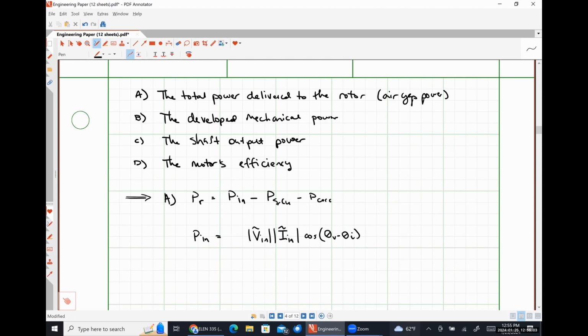This looks arguably familiar. Well, we have a three-phase machine, which means we need to throw a 3 on there to account for the fact that we have a three-phase machine.